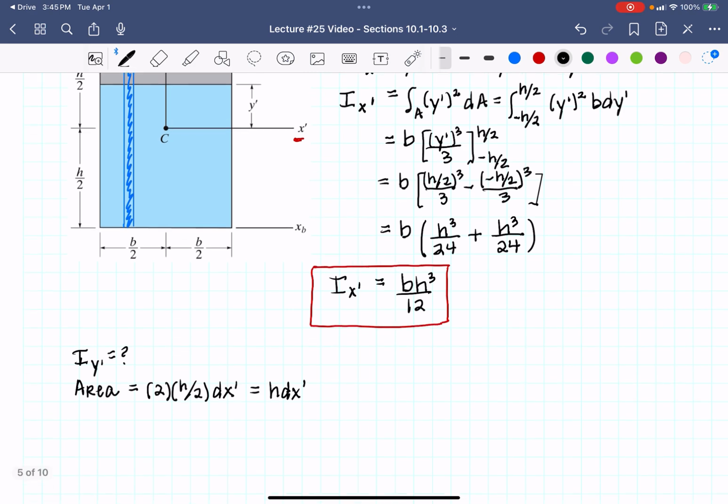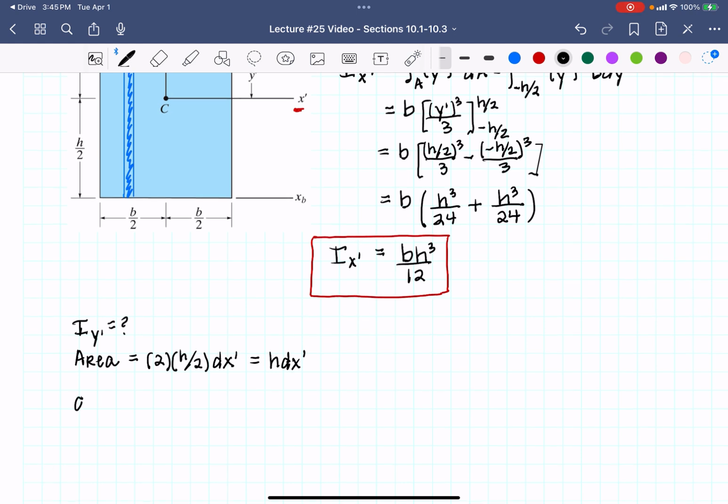It's not part of the variable. So my equation for dIy is equal to x squared times dA, which equals x' squared times h dx'.